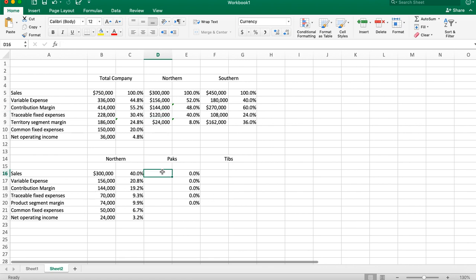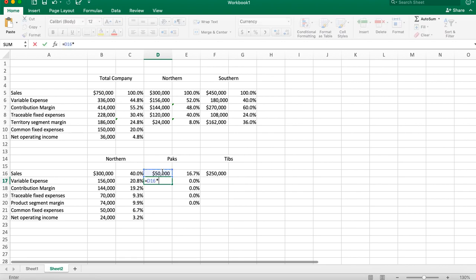Okay, so packs, we were given the information that 50,000 of sales is packs. Let me go back to my problem, make sure I'm not assuming anything. Sales for tibs was 250,000. Let's see. What else are we given? Variable expenses are 22% of the selling price.